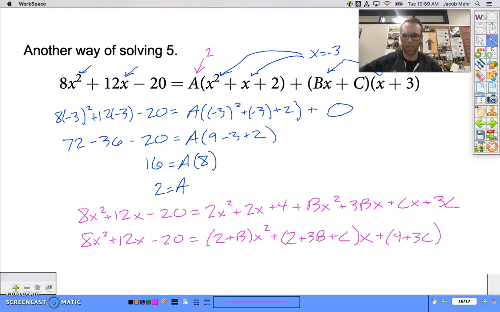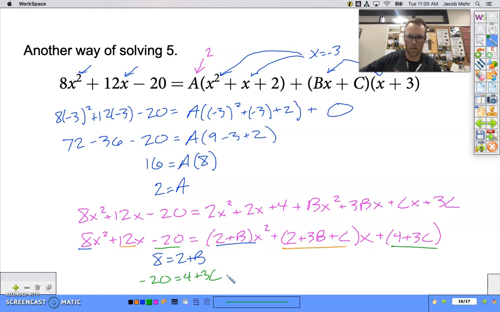And from here, now we can set up our system. 8 equals 2 plus b. 12 equals 2 plus 3b plus c. Now, I'm going to hesitate to write that one down because if I look at this one, negative 20 equals 4 plus 3c.